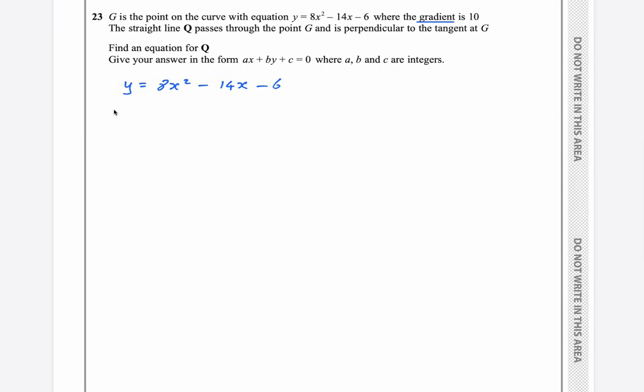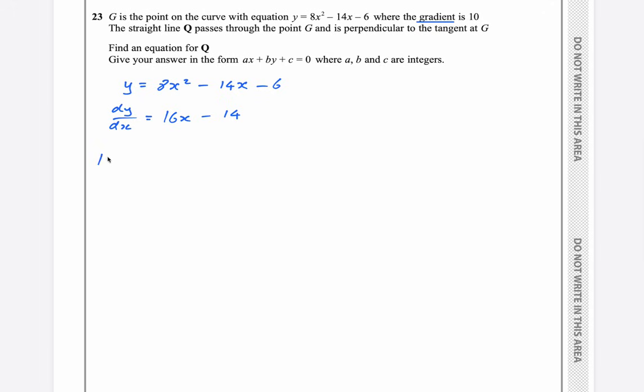Okay, that's y. The derivative is dy dx. Multiply by the power, 16x. 14x just becomes 14, and this becomes 0. So that's the derivative. Now he says where the gradient is 10. So where the gradient is 10 is like where the derivative equals 10.